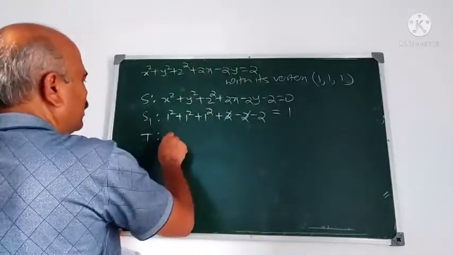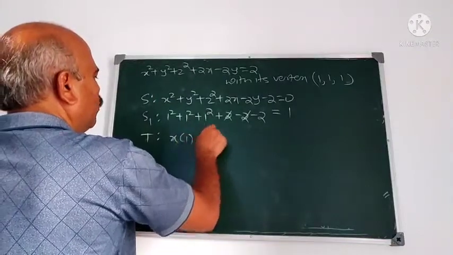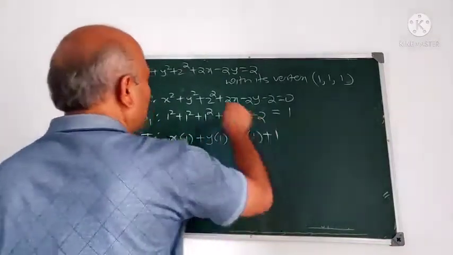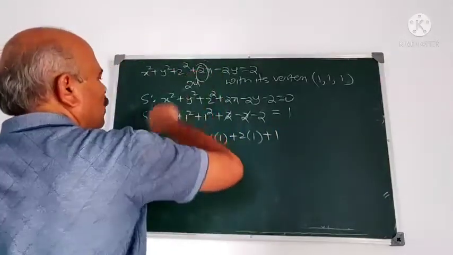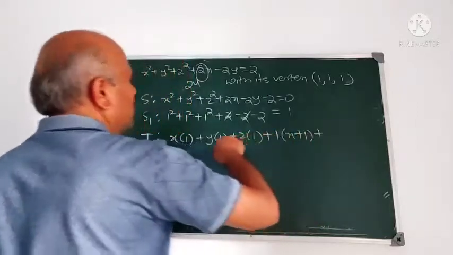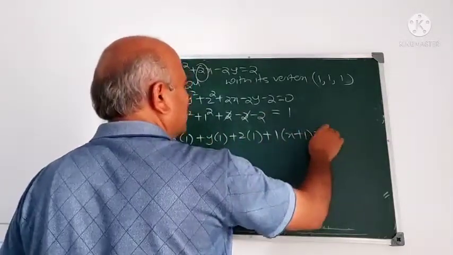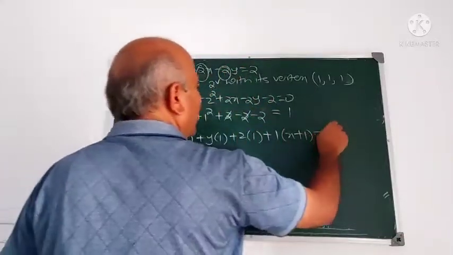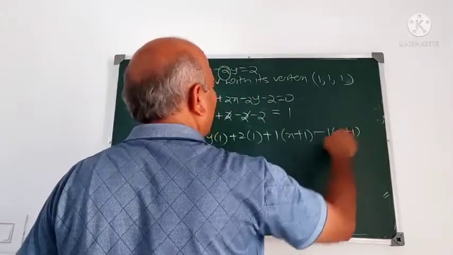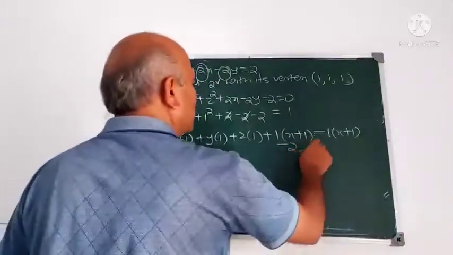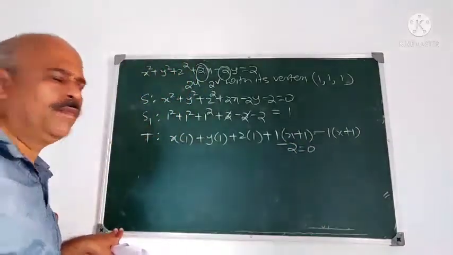What is the equation of the tangent plane? x x1 plus y y1 plus z z1 plus u into x plus x1, it is 2u, what is u? 1, so x plus 1, plus v into y plus y1, it is 2v, v is minus 1, so minus into y plus 1, minus 2 is equal to 0, because there is no z term.